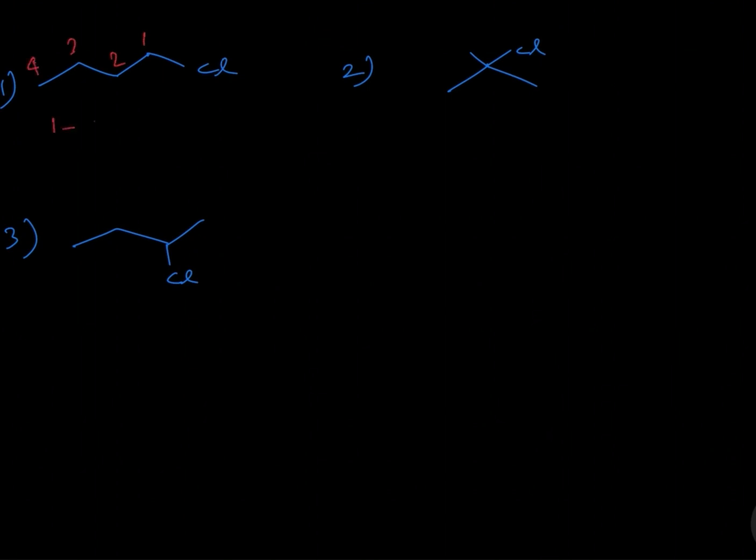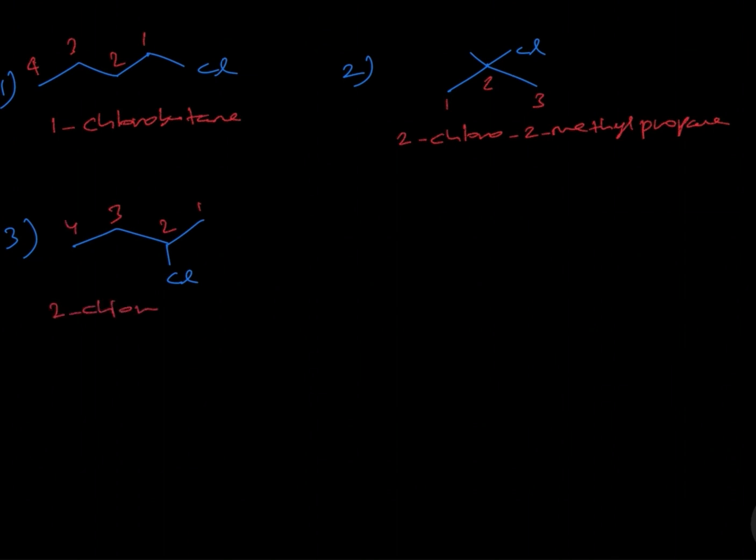So this molecule is 1-chloro-butane, and here we have 2-chloro-2-methyl-propane, and here we have 1, 2, 3, 4, 2-chloro-butane. So the chain length is the same in 1 and 3, and therefore 1 and 3 are position isomers.